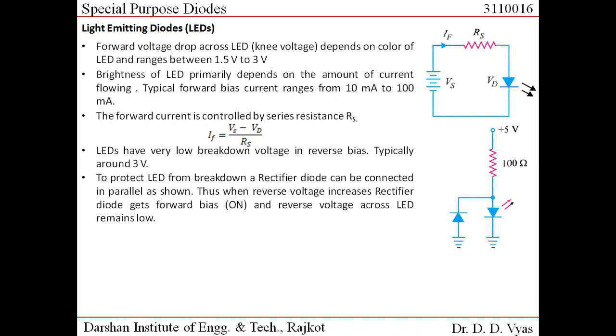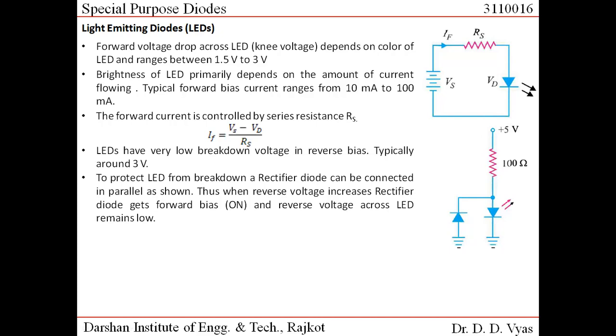What do I mean by opposite polarity? The LED is connected here such that this is its anode terminal and this is the cathode terminal. Whereas this is a normal rectifier diode, you can identify there are no arrows coming out of this. So this is a normal rectifier diode connected with reverse polarity. That is, the cathode is here and the anode is here.